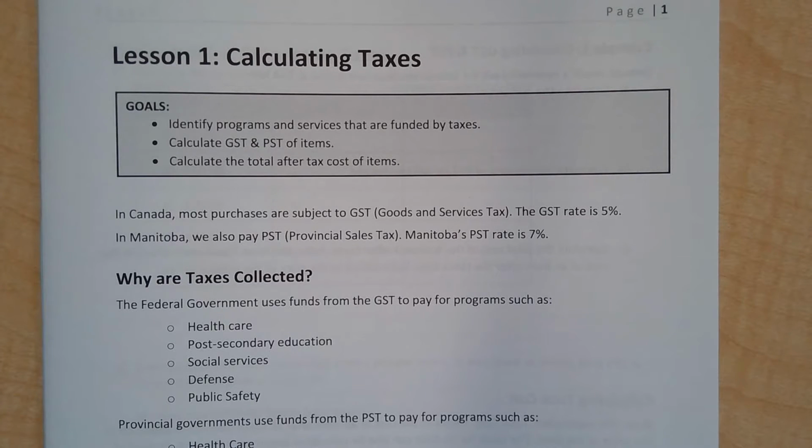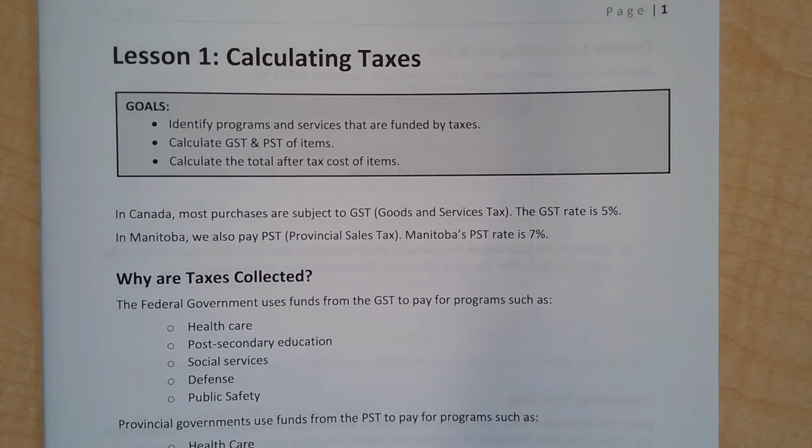In Manitoba, it says here, why do we have to pay taxes? So it says there, the federal government. Okay, what is the federal government? Yeah, in Ottawa, they're situated in Ottawa, but the word federal government is like the whole Canada.